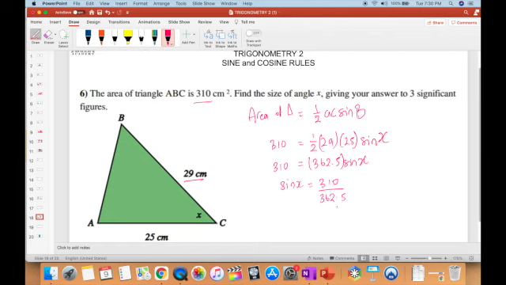You agree with that? Now what do you get for the answer? 0.855. So therefore x is the sine inverse of 0.855, which is 58.7.